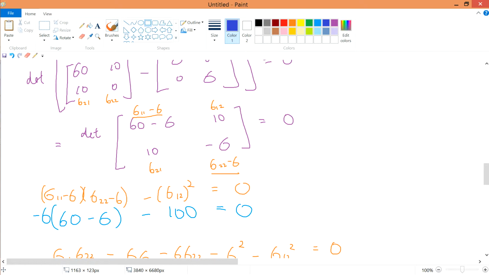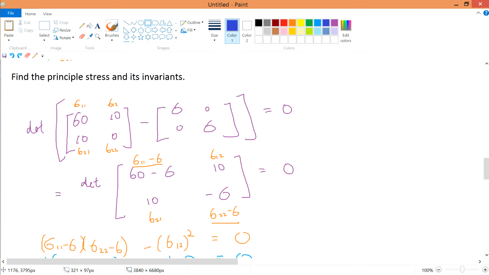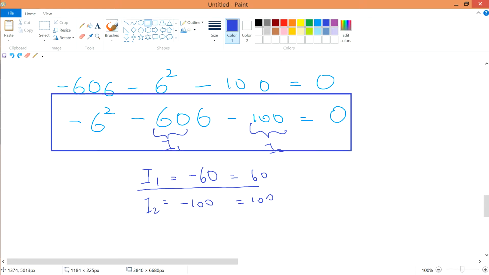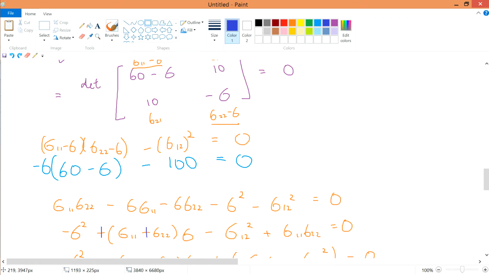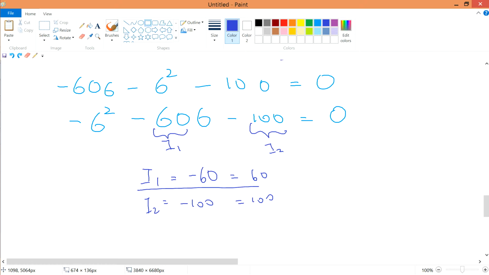Your value has already been found. So you just sub it in, and then eventually you will get the answer over here and here. That's just straightforward. You don't need to go through all these long processes. Because the long processes means that you're actually going through the stress to do this problem.